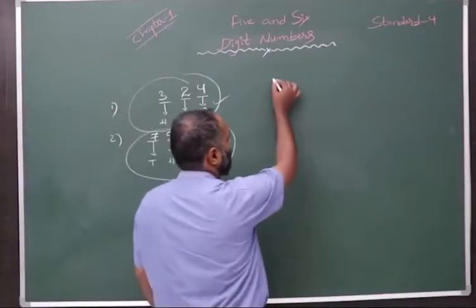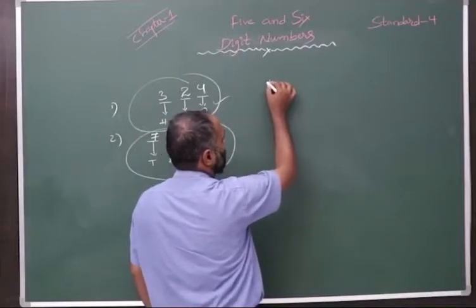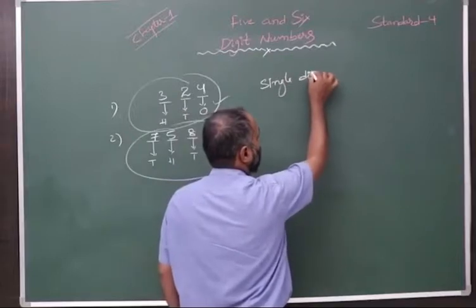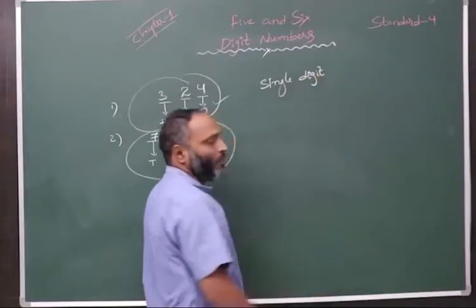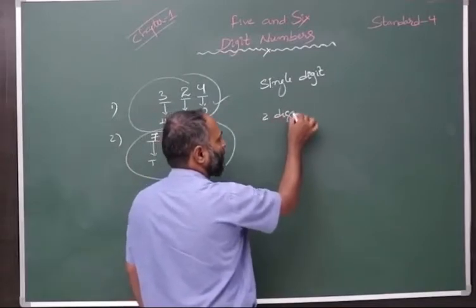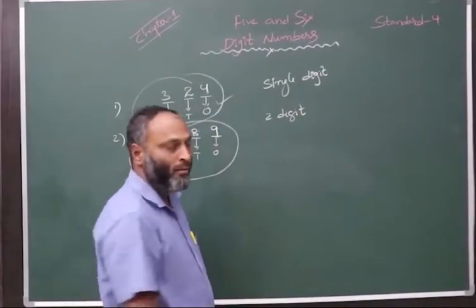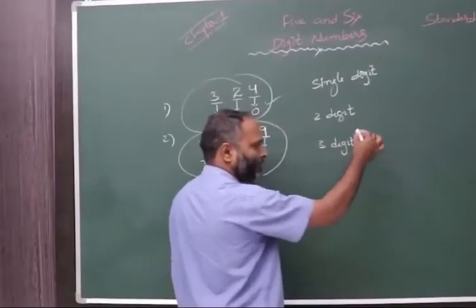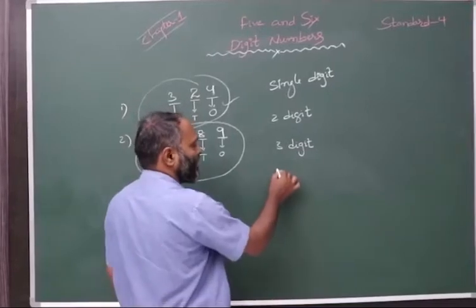Again, this is single digit, two digit, 3 digit, then 4 digit.